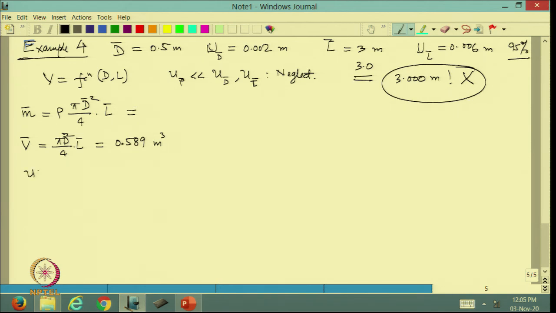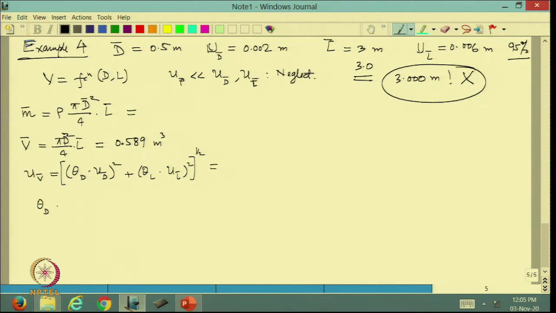Then we have our uncertainty expression, u v bar is equal to theta d times u d bar, square, plus theta L times u L bar, square, all of this raised to the power half. We now need theta d.